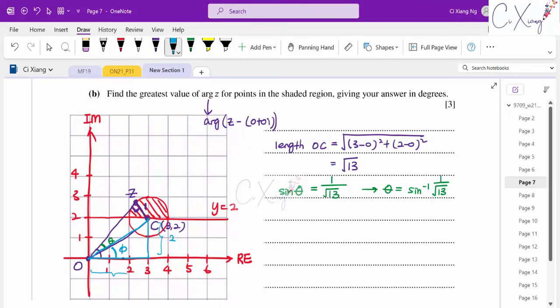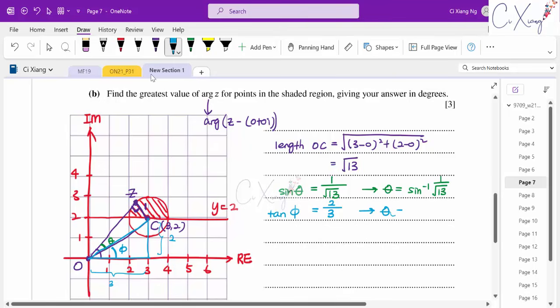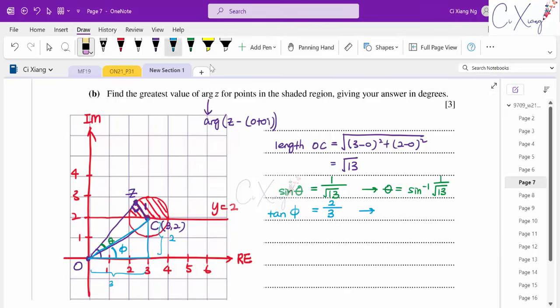And the base of the triangle is 3. So tangent tau equals opposite over adjacent, which is 2 over 3. Therefore, sorry, not theta anymore, it is tau. So tau equals tangent inverse of 2 over 3.